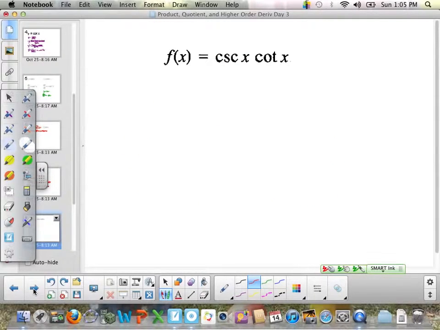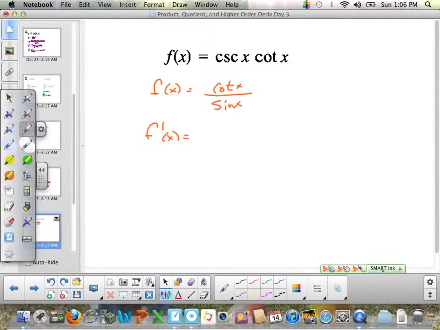F of x equals cosecant x cotangent x. We have not worked with cosecant yet, so we need to rewrite this one in terms of something we've worked with. And that would be converting cosecant into 1 over sine. So what we get is cotangent of x over the sine of x. And then we can apply our quotient rule.